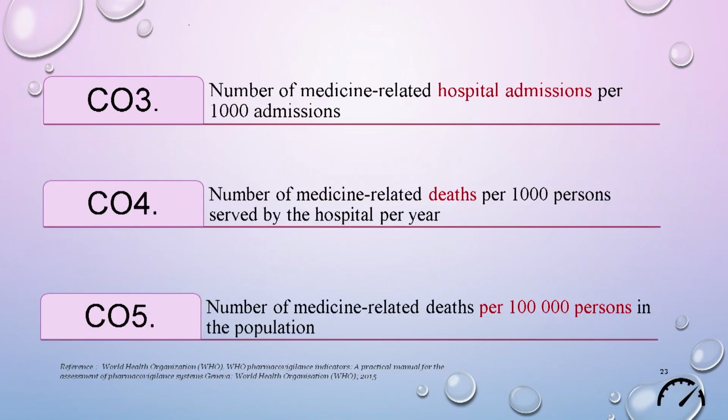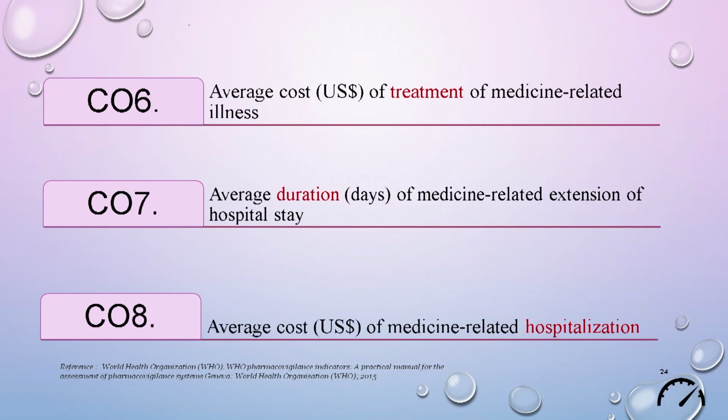Or it will give the outcome in the form of medicine-related hospital admission, deaths per 1,000 patients related to the medicine, deaths per lakh population related to the medicine, or the cost of treatment related to the medication problem, medicine-related hospital stay, and hospitalization. So this is how we will get the 8 outcome indicators.